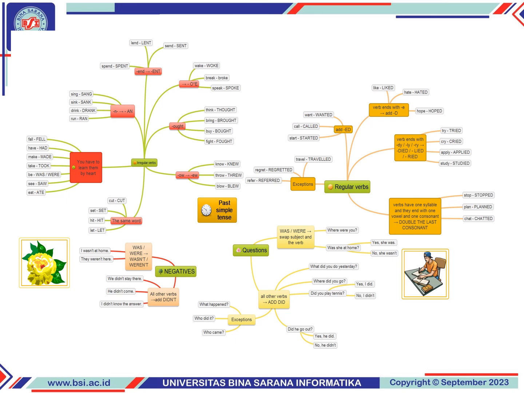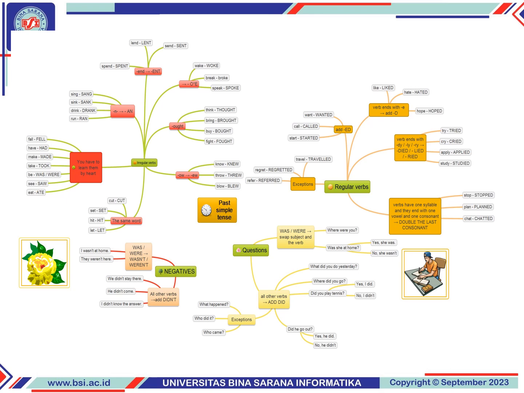And a little bit, you have to learn more about verbs that end in y. For example, try. It will be tried. You change the y with i and then add -ed, like tried, cried, applied, and studied.